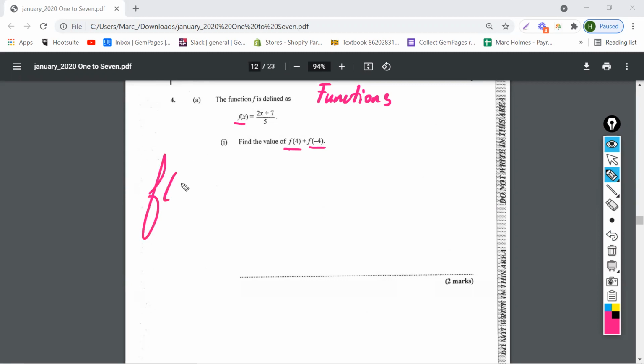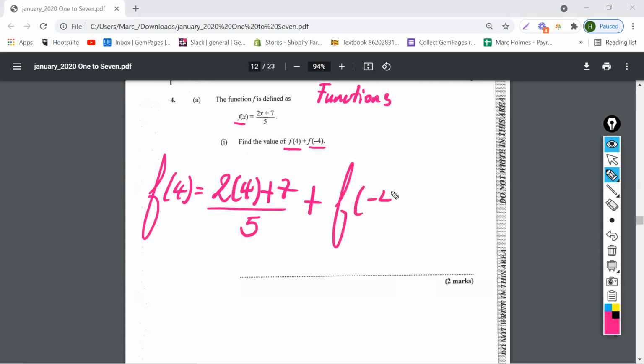So f of 4 is equal to (2 times 4 plus 7) over 5, plus f of minus 4, which is (2 times minus 4 plus 7) over 5. So that's all we need to do. We just need to put 4 in there and put minus 4 in there.